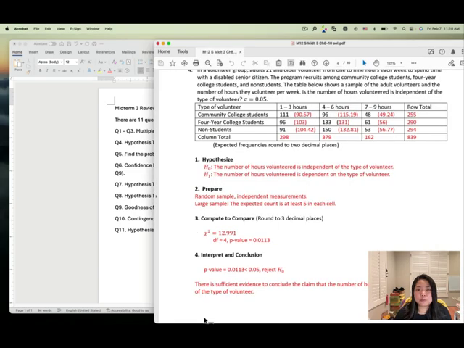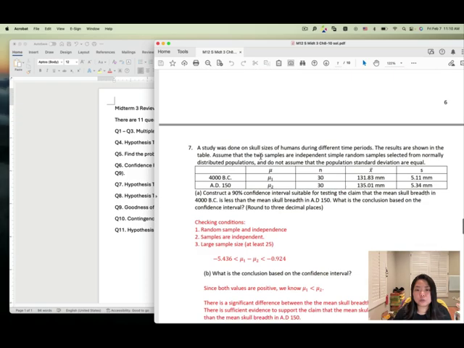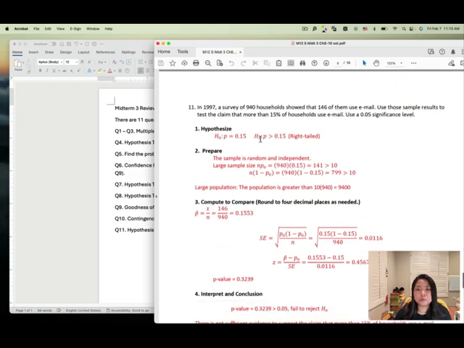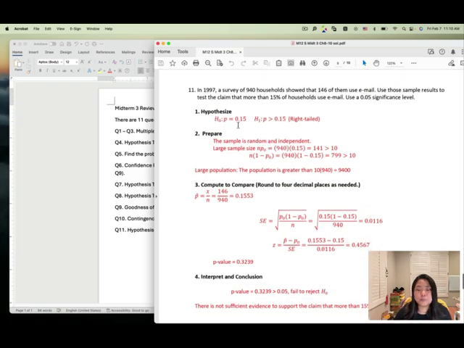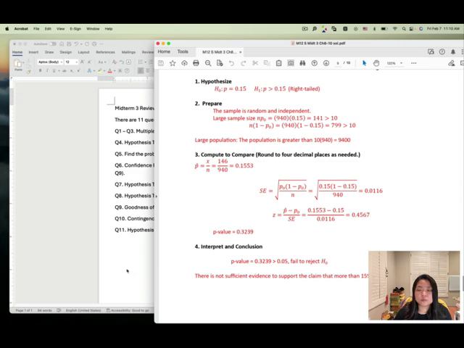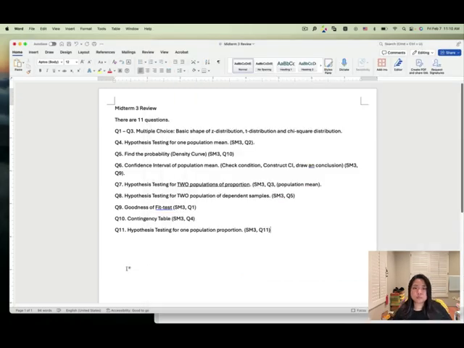So for one population proportion, you're going to look at the last example. Okay, proportion, so use the P. One population, so you're going to compare with a number. Make sure you know how to prepare the condition. Okay, you have 3 points: random and independent, large sample size, and also a large population. Okay.